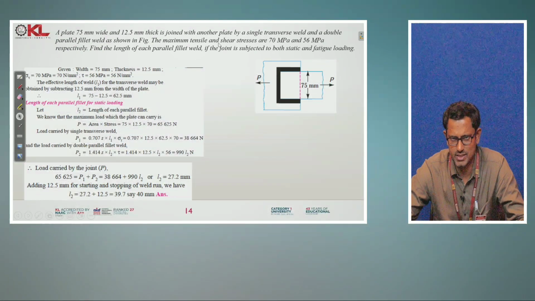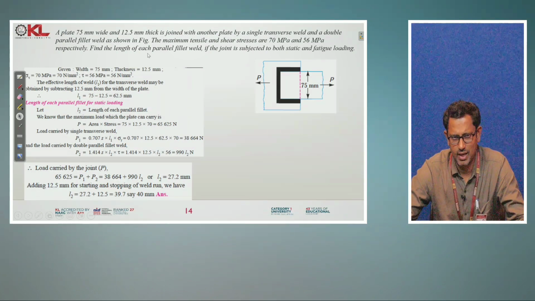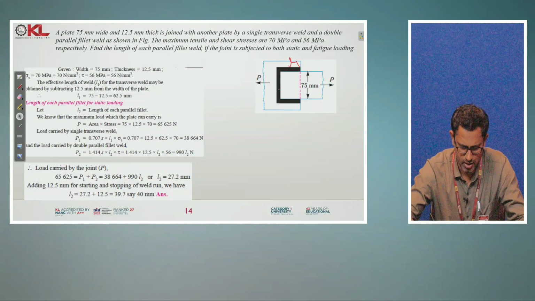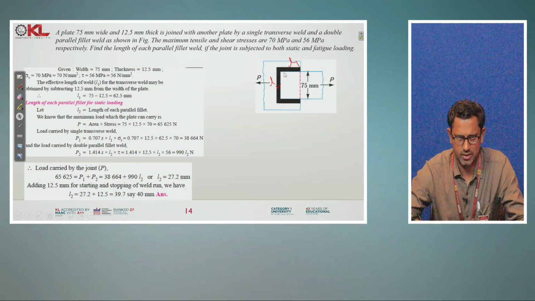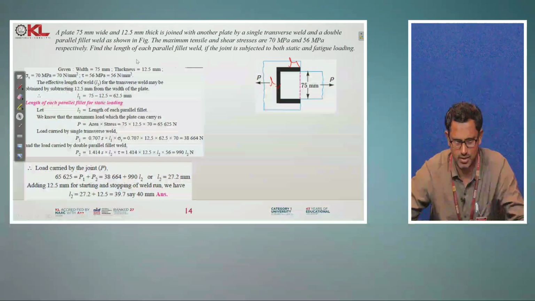The maximum tensile and shear stresses are 70 and 56 MPa respectively. Now they are asking you to calculate the length of each parallel fillet weld. That means if you assume this is L1 and this is L2, then they are asking you to calculate L1 and L2, if it is subjected to both static and fatigue conditions.